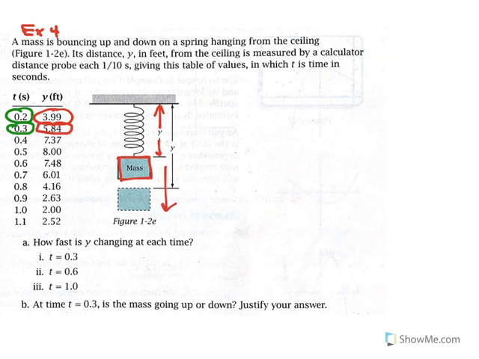And 1/10 of a second after that, at 0.4 seconds, the distance of the mass from the ceiling is 7.37 feet, which means it's gone down even further.